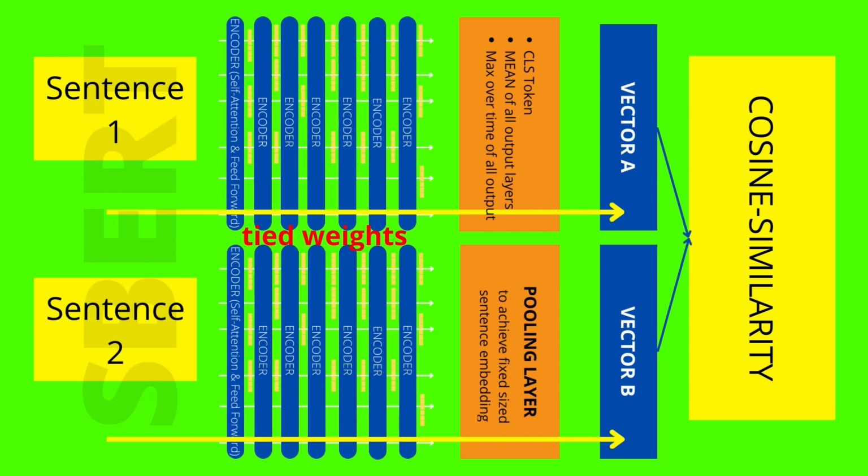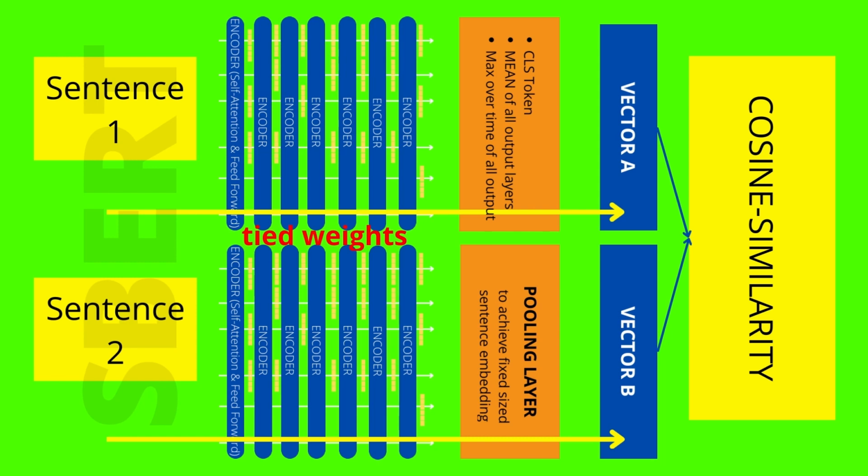But of course you can achieve this, as I showed you, by choosing different output layers, concatenating them, or just focusing on a specific layer, whatever. So here I show you three options that were implemented in SBERT, and you can choose in code in SBERT. You can focus also on the CLS token, beautiful.